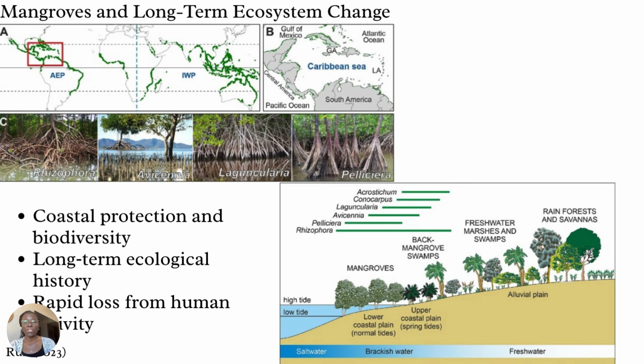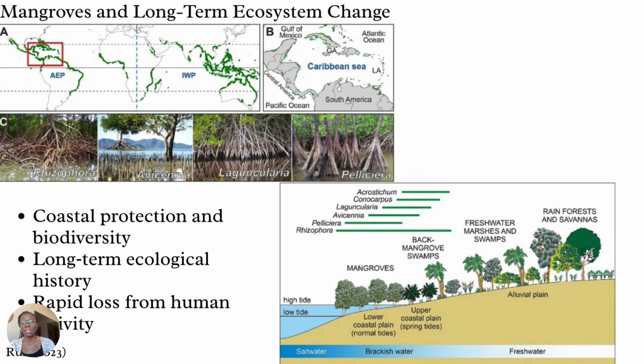The Rule 2023 reading offers a long-term ecological view of Caribbean mangrove ecosystems. Mangroves provide important ecosystem services like coastal protection, habitat for marine life, and carbon storage. Using paleoecological evidence, the study considers how mangrove ecosystems have responded to change over the long term.